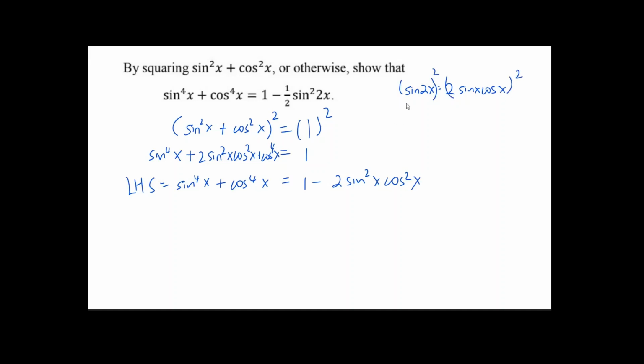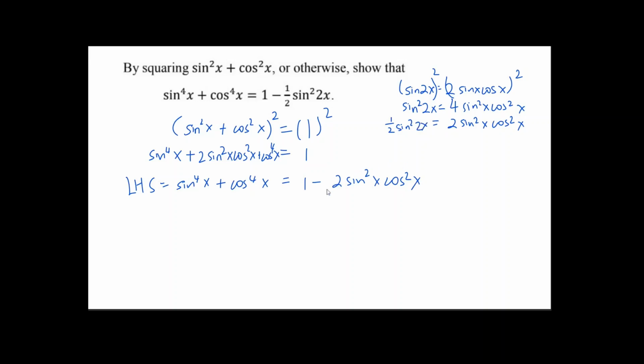When I square this, I know that sin^2 2x = 4 sin^2 x cos^2 x. Now looking back at what we have here, we have 2 sin^2 x cos^2 x, which is half of 4 sin^2 x cos^2 x. So in other words, 2 sin^2 x cos^2 x = 1/2 sin^2 2x.